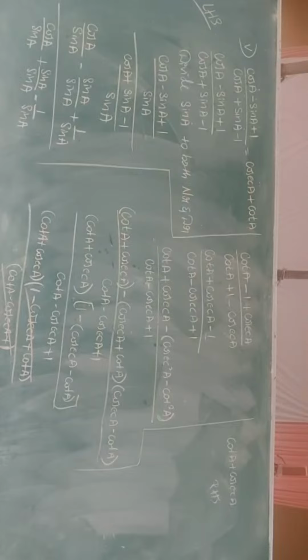So one more example. Same kind of example, but here we can use a different identity. Second identity we can use: 1 plus tan square theta is equal to sec square theta.